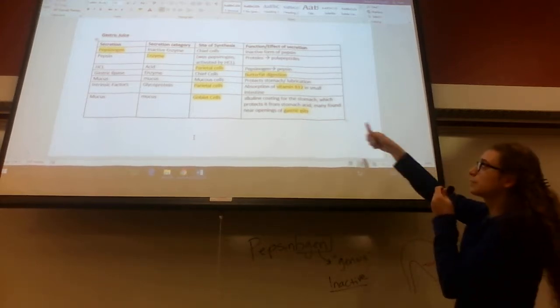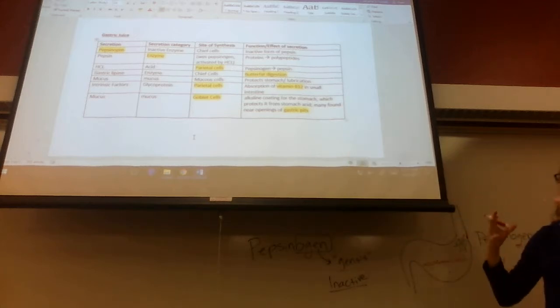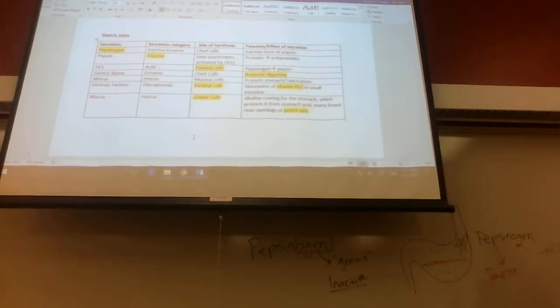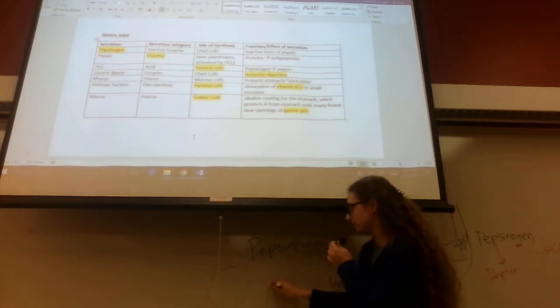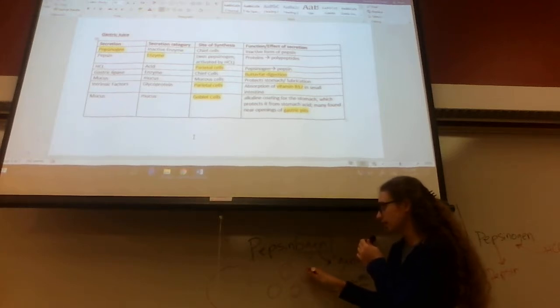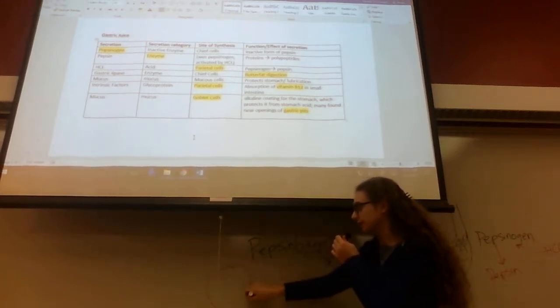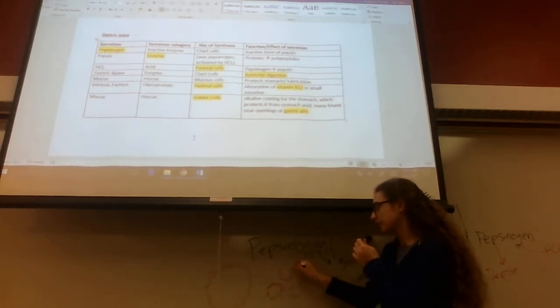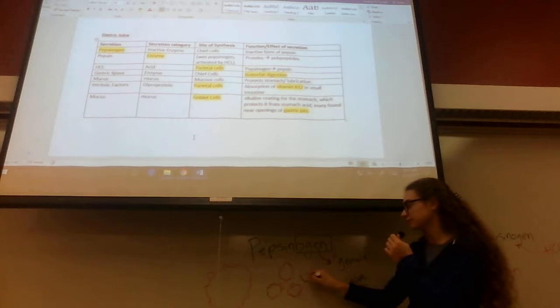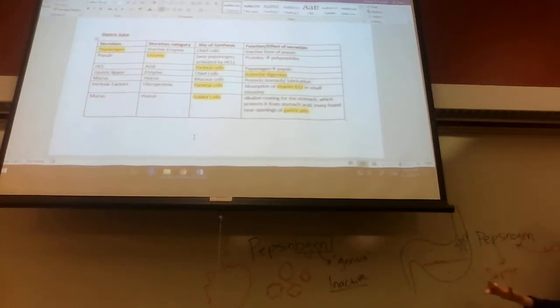And it turns proteins into polypeptides because proteins are big and polypeptides are smaller. And the smaller we make something, the more surface area it'll have, right? So if you have this versus these, this is all the surface area you're ever going to get, while with these you have lots more surface area. So that's what pepsin does to protein.